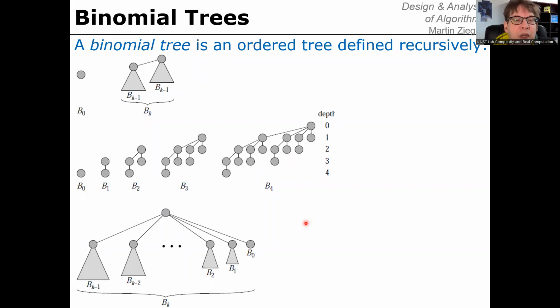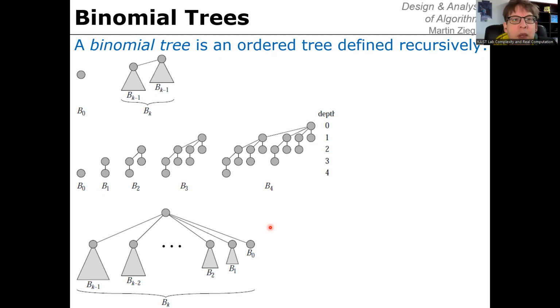But there's another way of looking at binomial trees of order k, namely a binomial tree of order k is a single root to which are attached binomial trees of order k minus 1, k minus 2, and so on, down to order 1 and order 0. This is like the difference between strict induction and what is sometimes called mathematical induction.